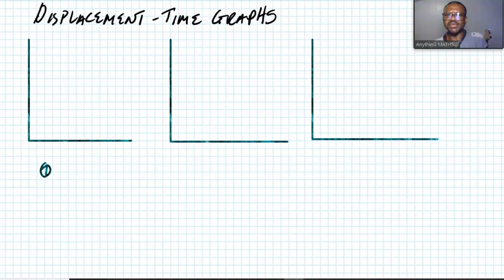We want to label, so the horizontal will be time in seconds and the vertical axis will be x in meters, and let's put 0 here. Okay, nice and easy.